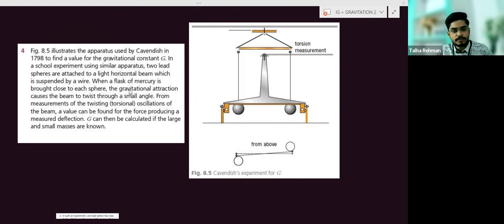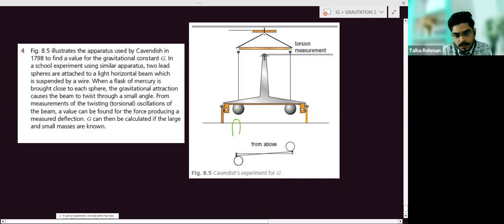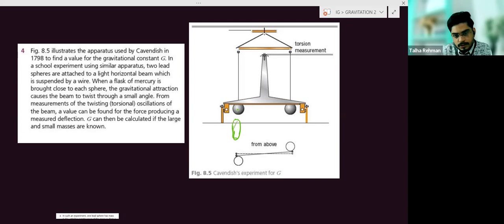When a flask of mercury is brought close to each sphere, now these are the lead spheres. You can say this is mercury, and here a mercury flask is there, like this.